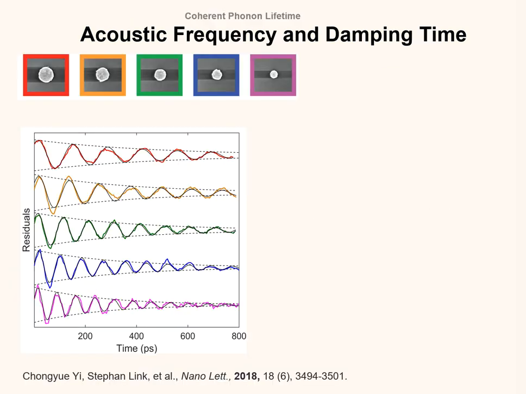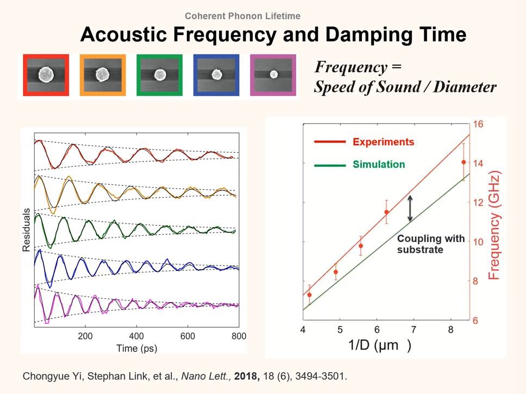Then we try to understand acoustic properties in nanostructures prepared by electron beam lithography. What we see here is that when you have a bigger nanoparticle, the acoustic vibration frequency is smaller. This is very easy to understand because frequency is determined by the speed of sound and the diameter. However, our simulation has some offset from our experiment.